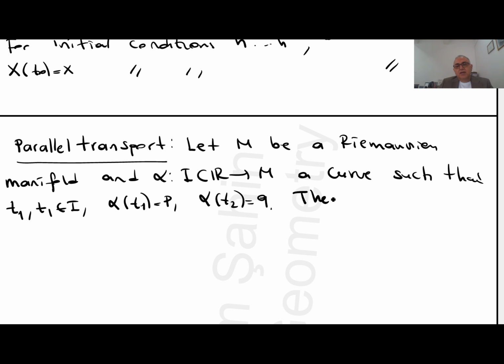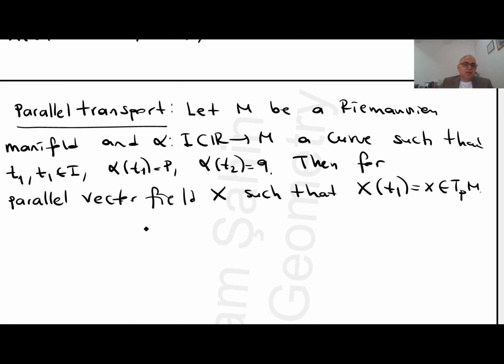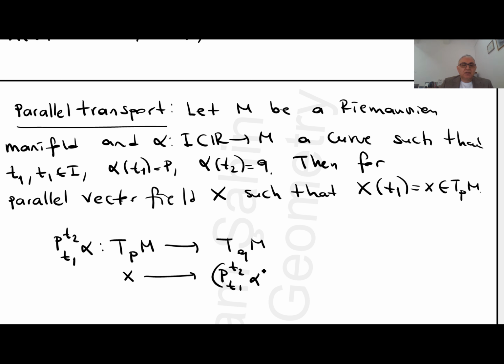Then for a parallel vector field x such that x(t1) is in T_p M, this map P_{t1,t2}^alpha goes from T_p M to T_q M. So it takes x here to x(t2), as a vector.